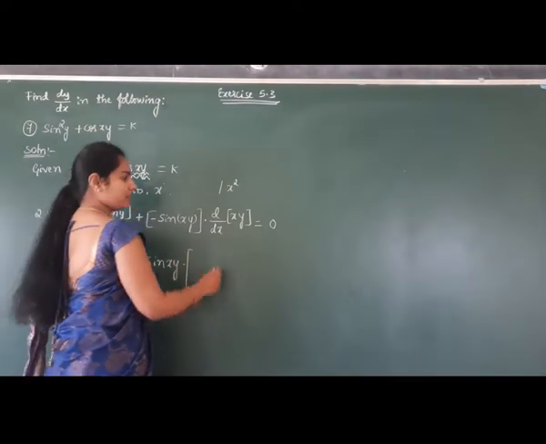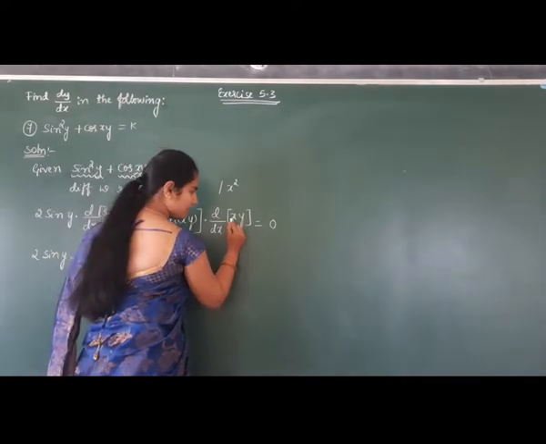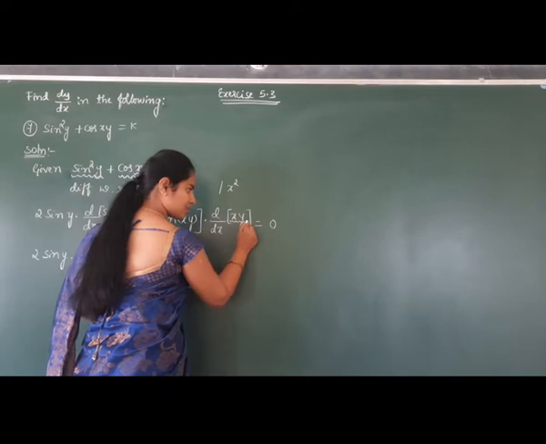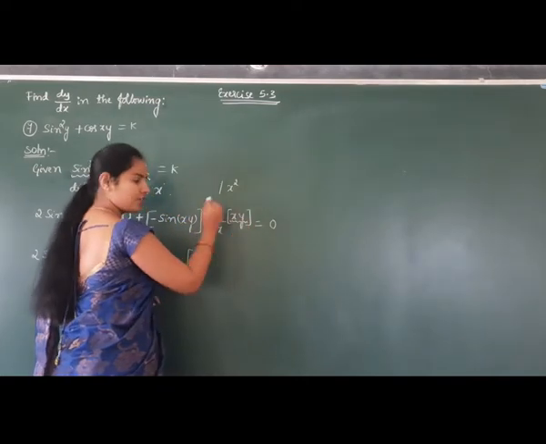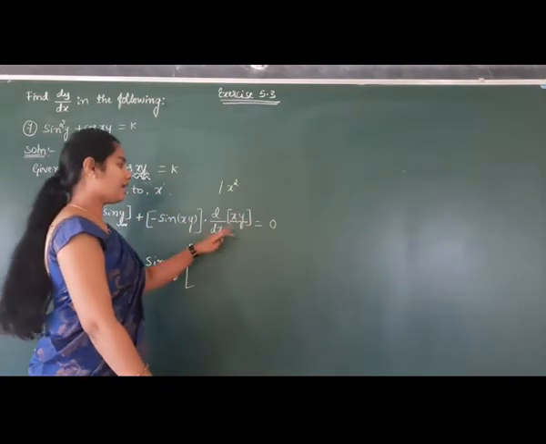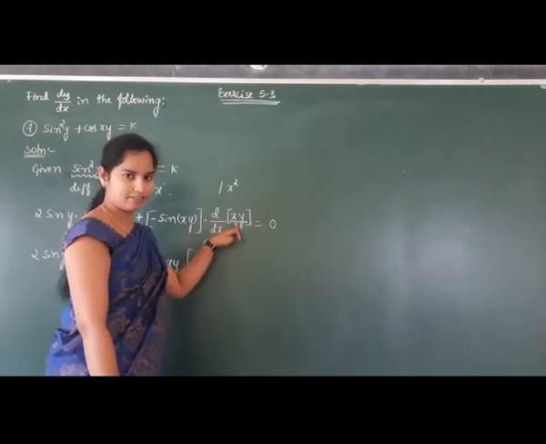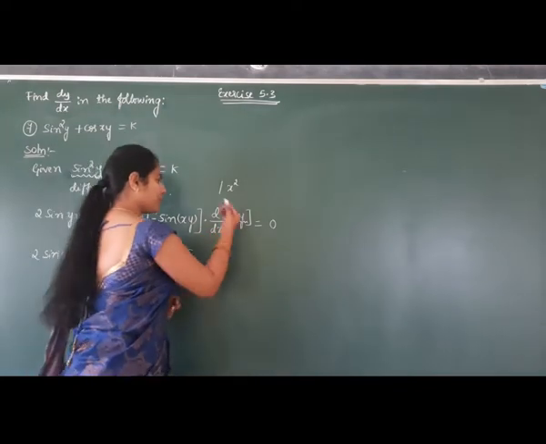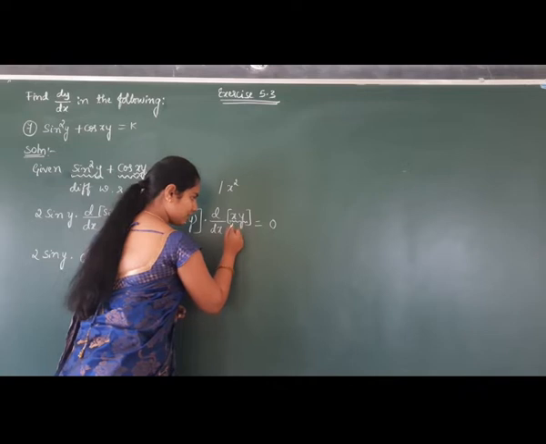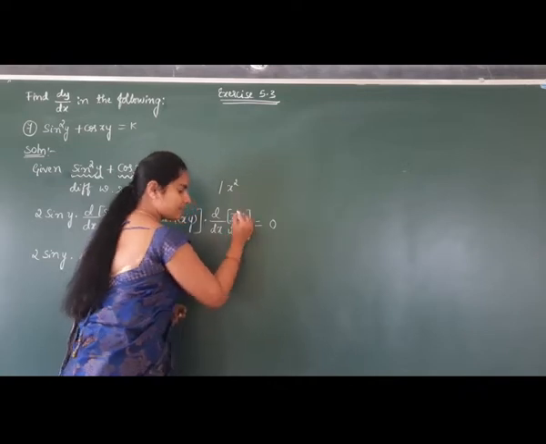So observe here, here is a product of two functions. Therefore I will apply the product rule here. I will take x as u and y as v.